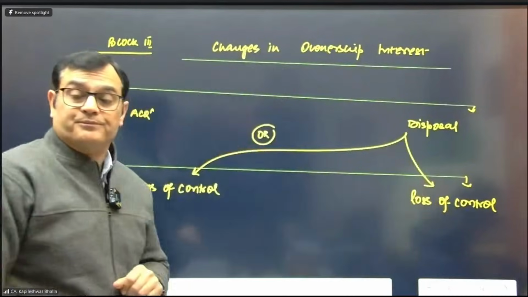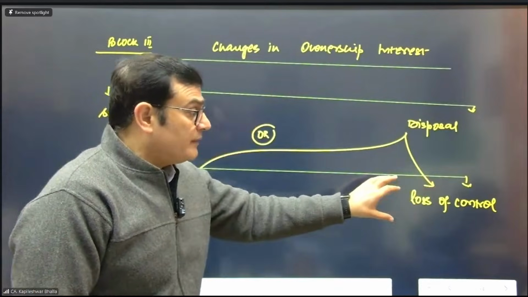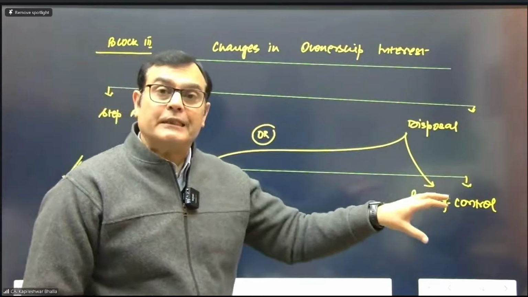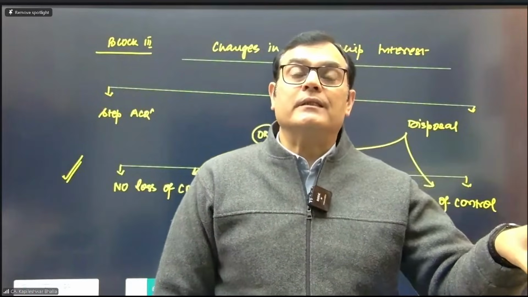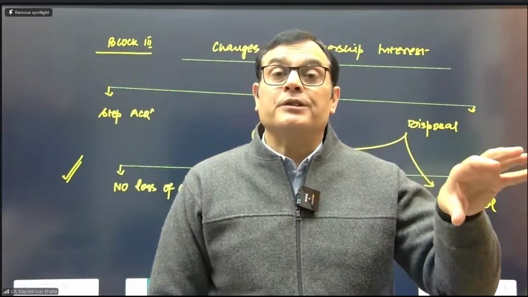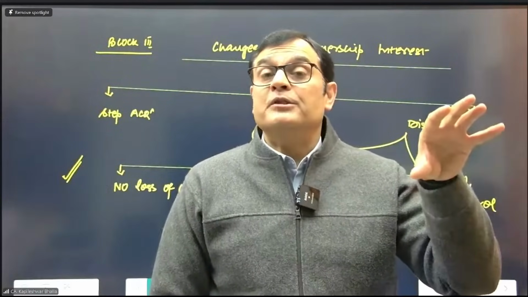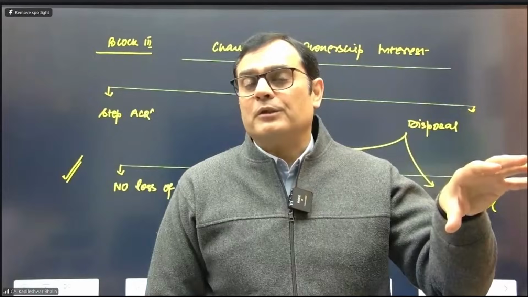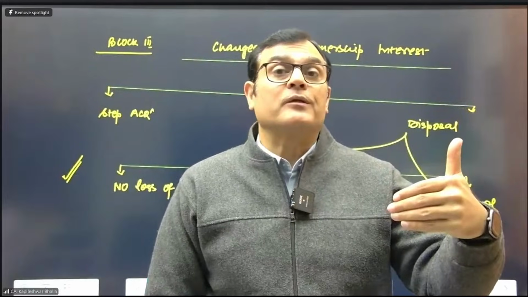I think the better way of looking at things is that when there is a change in the percentage of holding, as an investor you've got a stake in the investee. When you take an action of either selling or buying shares, it could lead to loss of control, which means you're out of Ind AS 110, or it leads to no loss of control, and you're still under Ind AS 110.